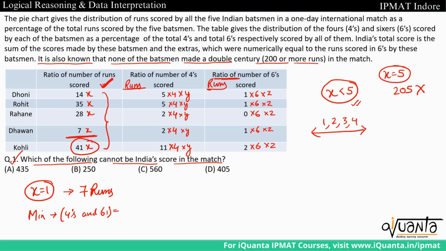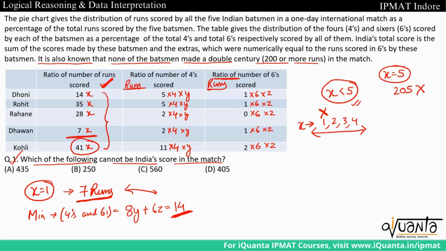So for Dhawan, we'll have runs scored in fours equal to 8y and runs scored in sixes equal to 6z. We'll take y equal to 1, z equal to 1, which gives the minimum runs scored by Dhawan in fours and sixes equal to 14. Now Dhawan is scoring 14 runs in fours and sixes, while his total runs are just 7. So there's a contradiction over here. Hence x cannot be equal to 1.